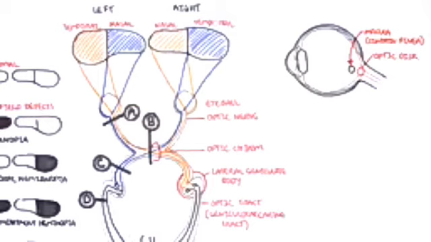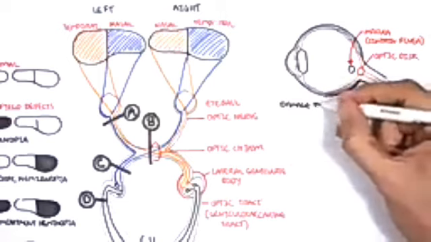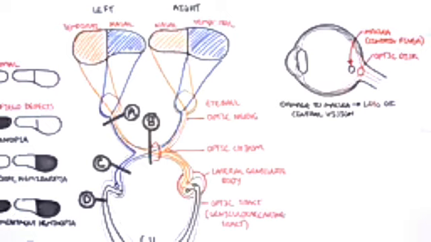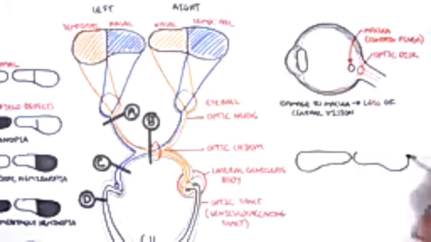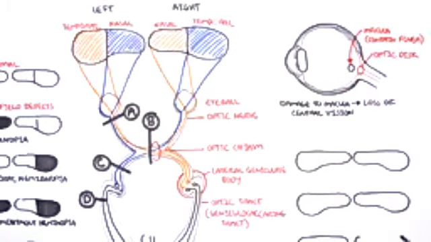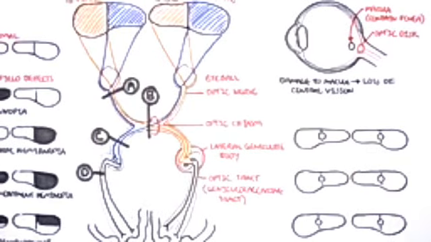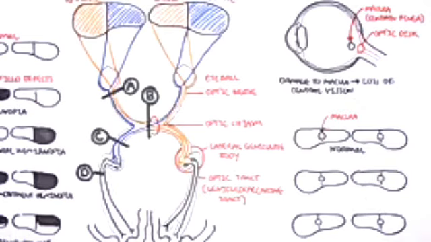So when we damage the macula, we get loss of central vision. We get loss of that high quality vision. So drawing out normal to abnormal, here is normal, and this central visual field is the macula.